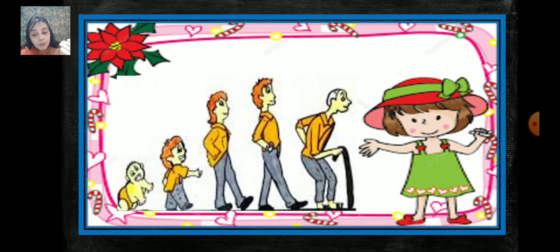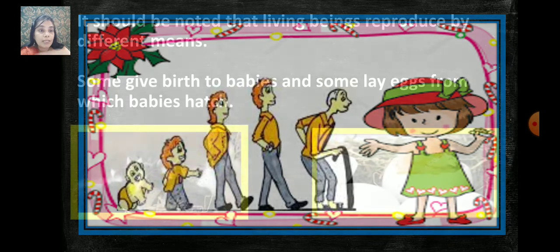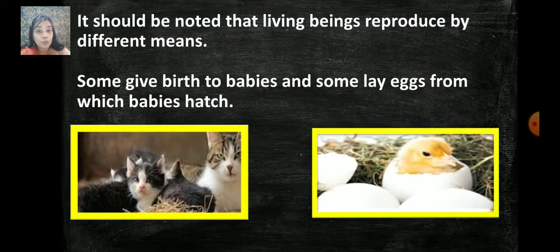Animals reproduce in different ways. We should note that living beings reproduce by different means. Some give birth to babies directly, and some lay eggs from which babies hatch.